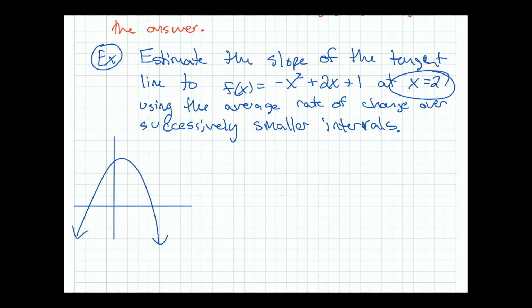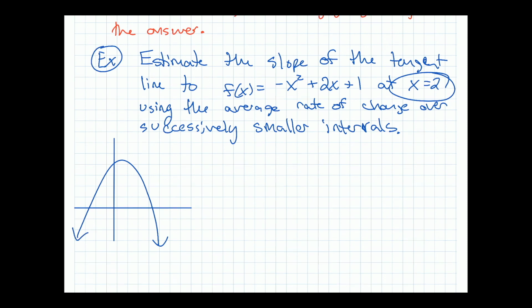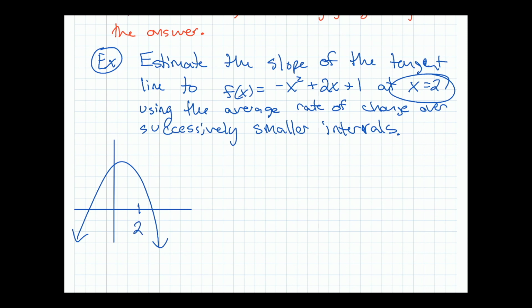I know it's a parabola and it opens down, but I don't really know anything else about it. So I'm going to put the point right here. Now, again, I just drew this with a negative slope at 2. I have no idea if it has a negative slope at 2, okay? This is just a random guess at a function. So we want to try to find the tangent line here.